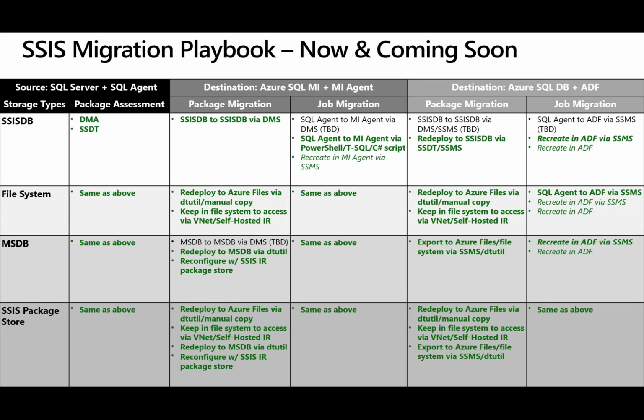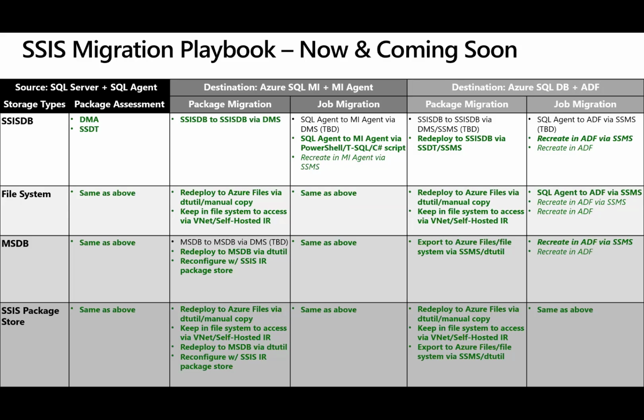Like I mentioned before, for example, SSIS catalog, SSISDB. You can store your packages in the file system. You can store your packages in MSDB or in a legacy SSIS package store. And then when you migrate your SQL Server, you can have a destination of Azure SQL MI, where you can use the MI agent as the orchestration tool, or you can migrate your SQL Server to Azure SQL DB, where you can use ADF as the orchestration tool.